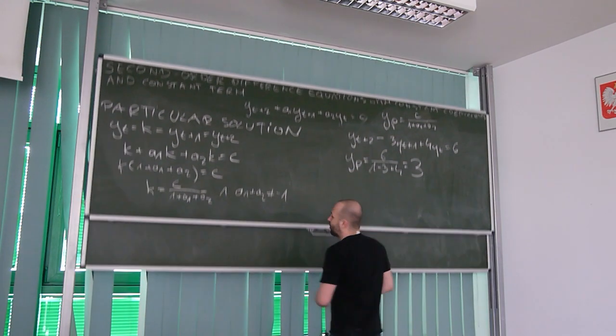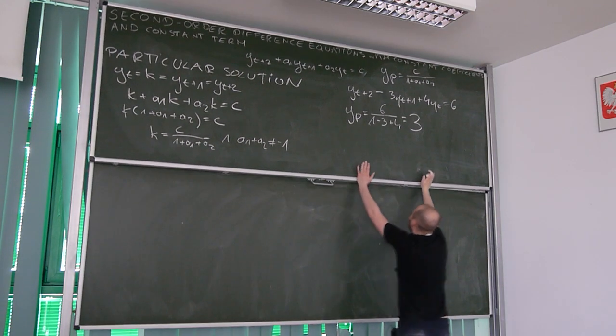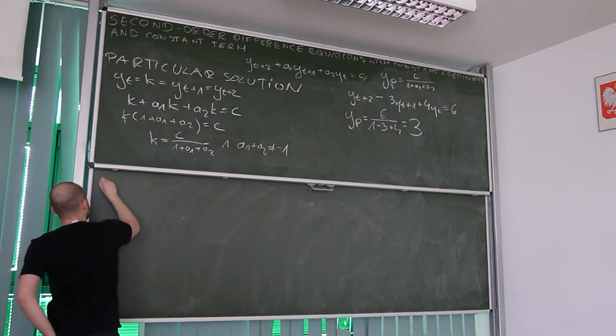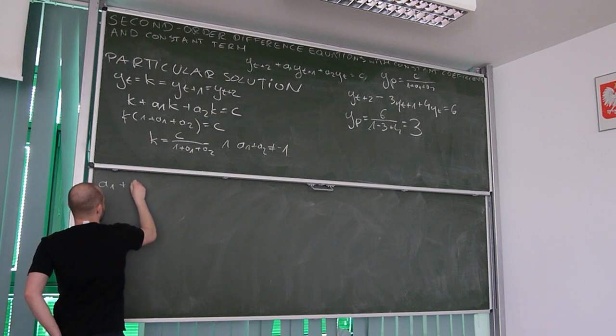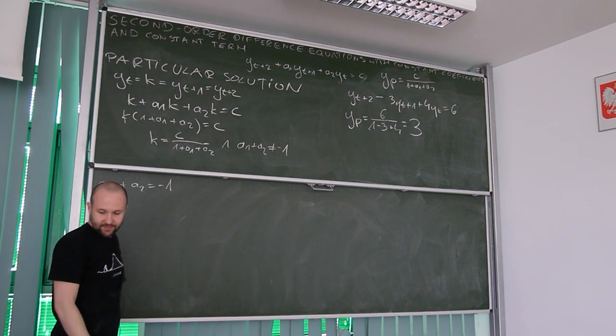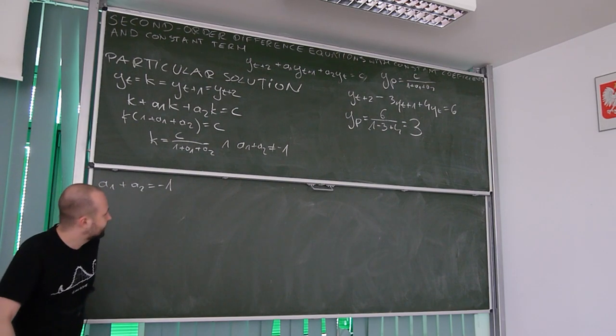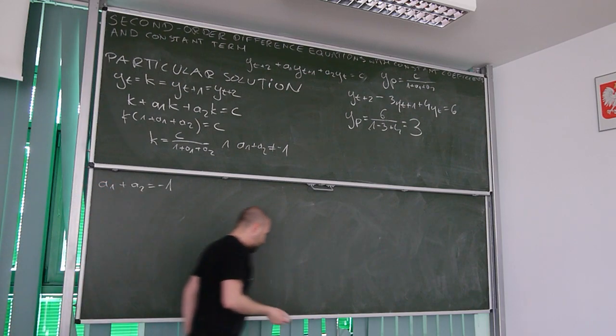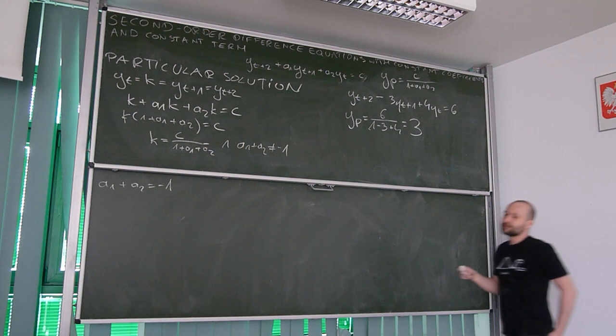But now, what if it happens that a1 + a2 is equal to -1? Well, in this case, we can no longer use this solution. Our solution collapses, and we need to try something different.